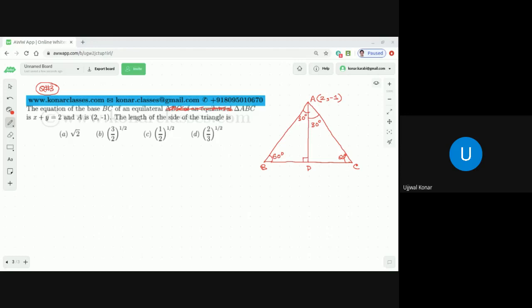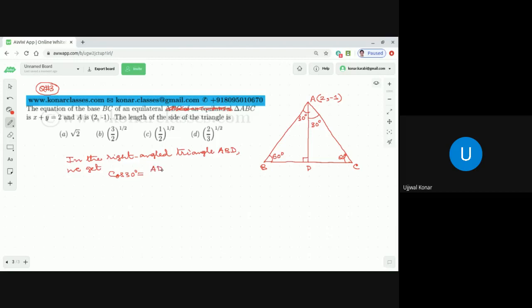Now if we look into the right angle triangle ABD, we get cos 30 degree is equal to AD by AB.